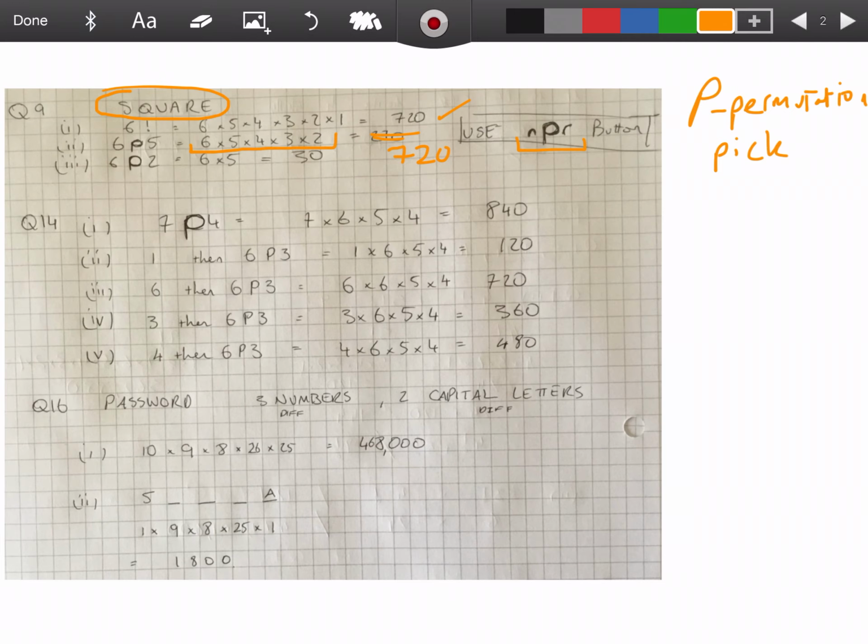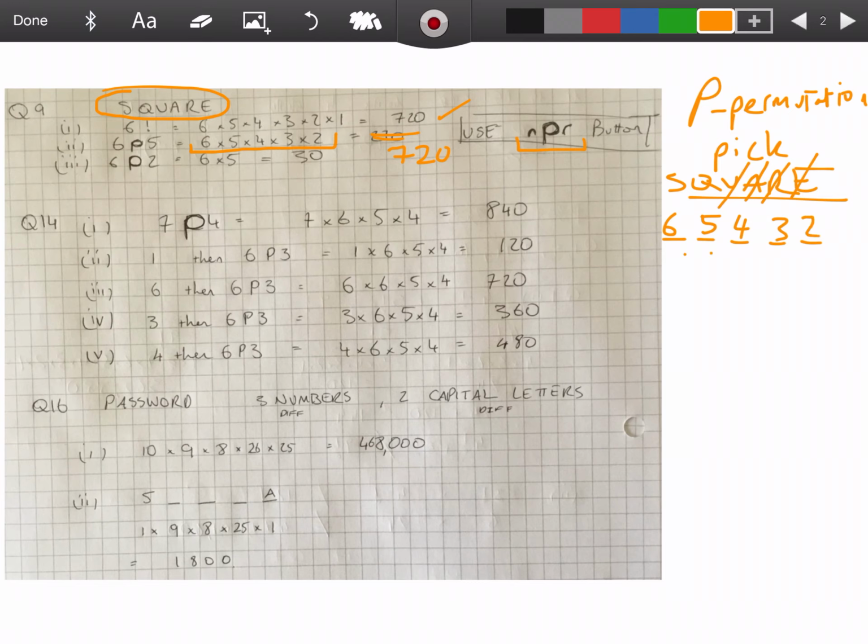Very similar to factorial, but it stops quicker, because I'm only taking 5 letters for part 2 of question 9, but I do have 6 to choose from. S, Q, U, A, R and E. So I can pick any of those 6 to start off with, and then I can pick 5, and then I can pick 4, and then I can pick 3, and then I can pick 2, and that's where it finishes.